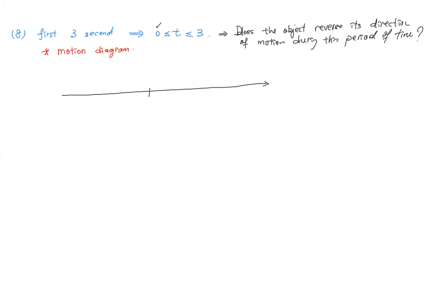We have done it. So there are 3 important positions that you must find. First position, initial position. That is S0. We know that is 18 cm, right? Second position, if it does stop, is the stopping position.